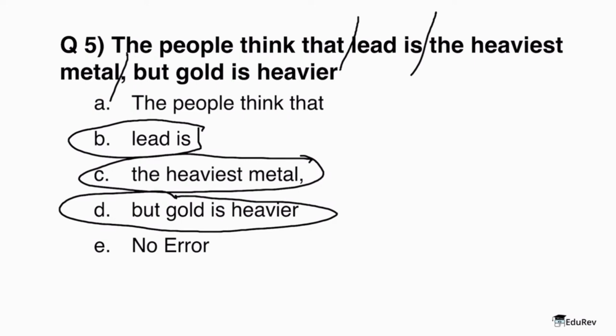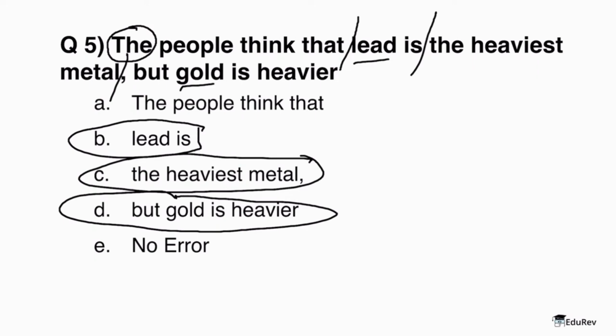The people think that. See, now the problem in this particular sentence is the use of the word the before people. When we talk about people in general, we don't use the article before that. So the people would be wrong. Also, if you thought to put an article like the before lead or gold, that would be wrong too, because we just learned that we do not put an article before a substance when we are talking about it in general.